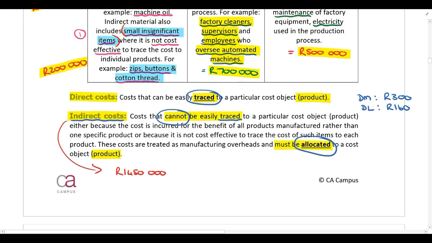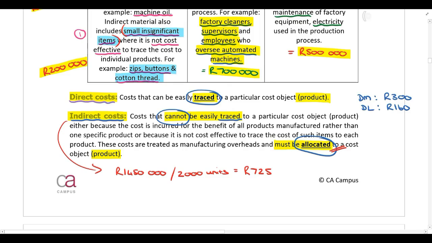So what we do is we take the total cost for the year and we allocate this to our product. Let's say, for example, the company budgeted that they were going to make 2,000 units this year. We divide that by 2,000 units, and it gives us 725 Rand per unit.